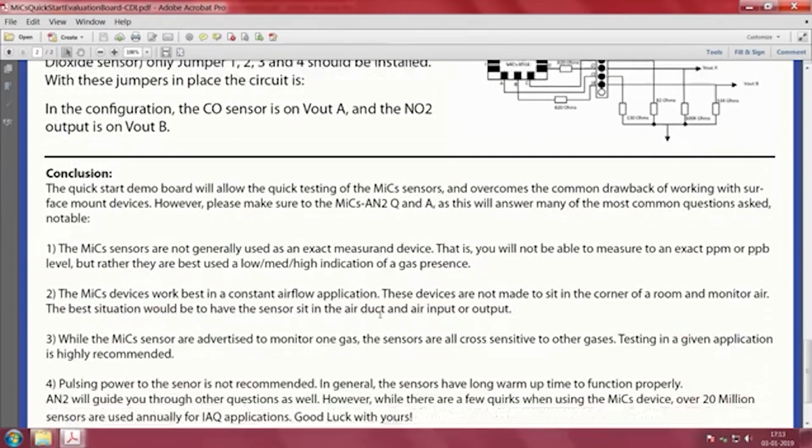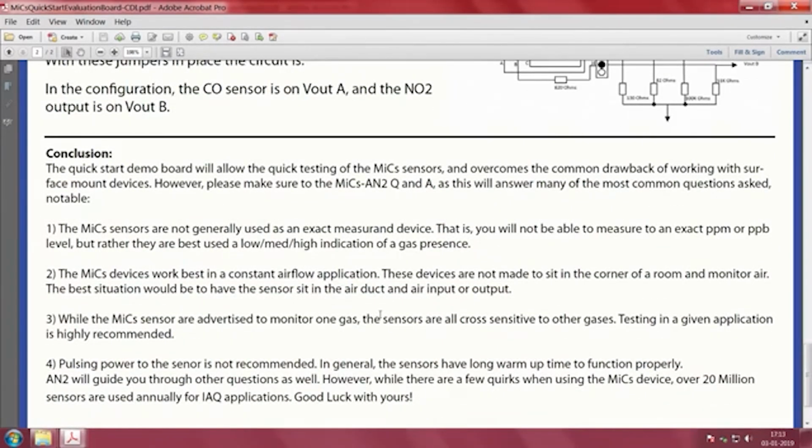So the conclusion is very interesting and I want you to spend some time on this. Leave the first one, the top point, but number 1 is a very interesting thing. MIX sensors are not generally used as an exact measurement device, which is a very clear indicator, so nicely written. They are not making any tall claims about semiconductor sensors being very accurate.